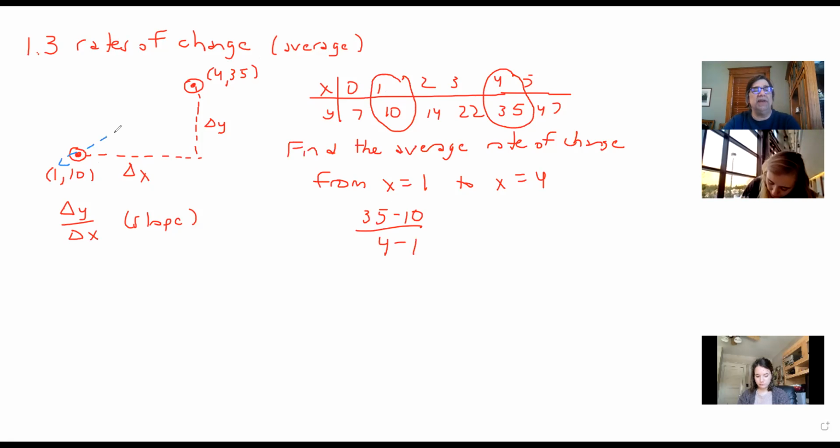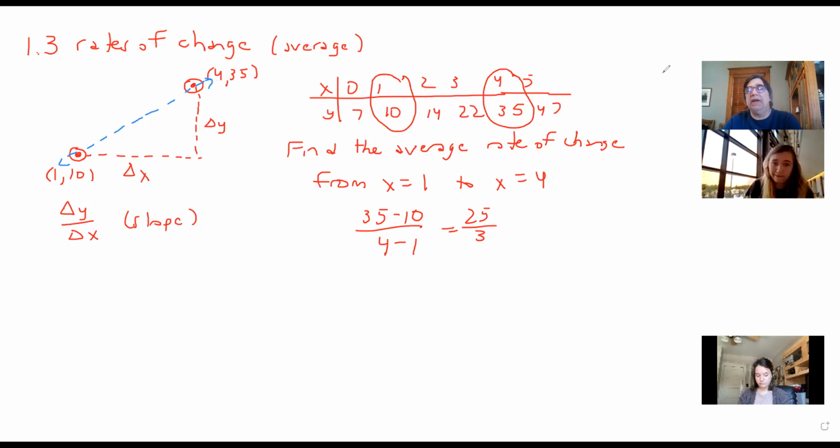So kind of picture this as a straight line through these 2 points. So this is your average rate of change. So y goes up by 25 as x goes up by 3. So whatever you want to write that answer as, I like 25 thirds. As a decimal, it's going to be one of those repeating decimals, so 25 thirds.